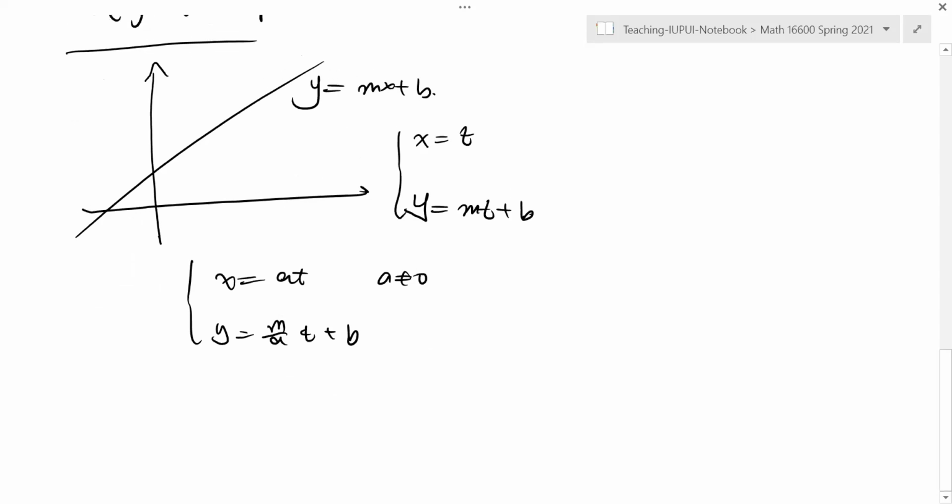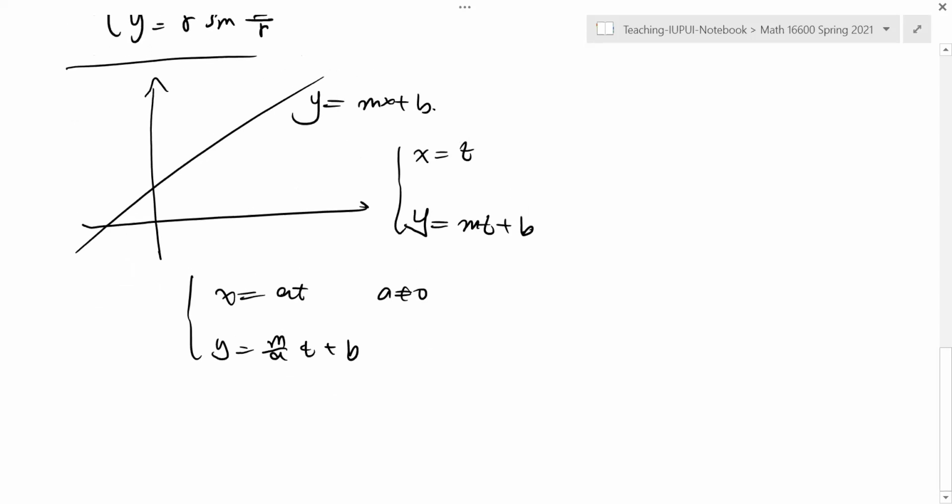Using vector geometry, you can describe it in a slightly different way. You take an arbitrary point, called x naught, y naught, and then the direction vector, called a and b.